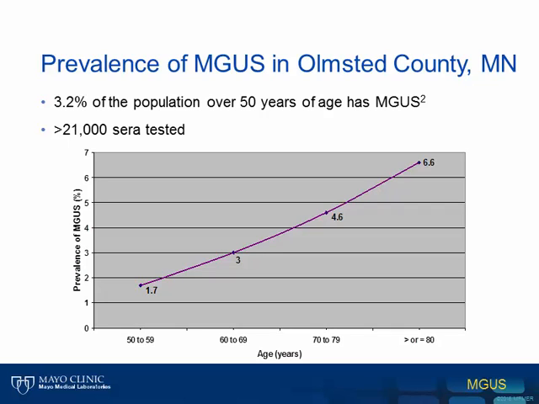You can see that this disease prevalence is age-dependent, with 1.7% prevalence in 50 to 60-year-olds and 6.6% prevalence in subjects greater than 80 years of age. Monoclonal gammopathies are relatively uncommon in young people, and the prevalence increases as we age. So one may wonder, however, if MGUS and smoldering myeloma have no symptoms, why are we concerned with them?